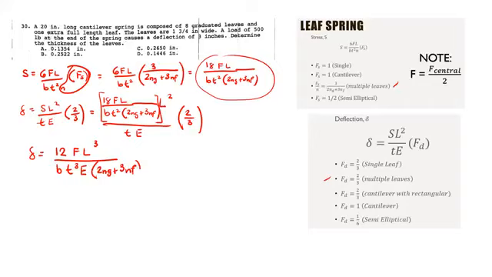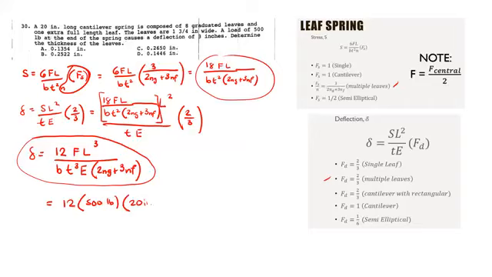This is the formula we will use for multiple leaves. Memorize this formula so you don't have to derive it in the actual board exam. So, 12, then our force, 500 pounds. Then length, 20 inches raised to 3, divided by width 1 3/4, which is 1.75, times thickness raised to 3, times E, which is 30 times 10 raised to 6 pounds per inches squared.